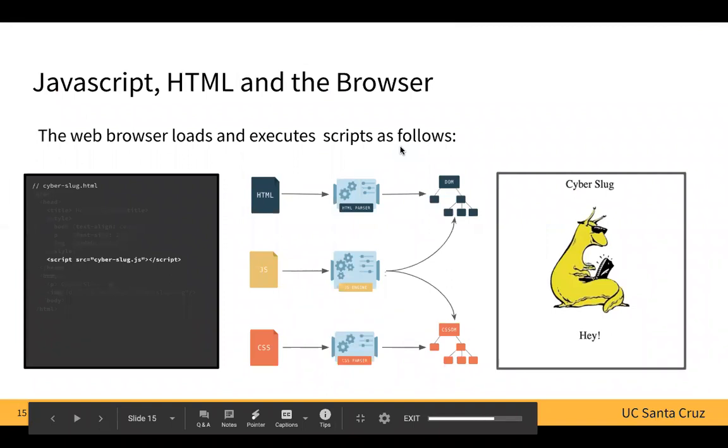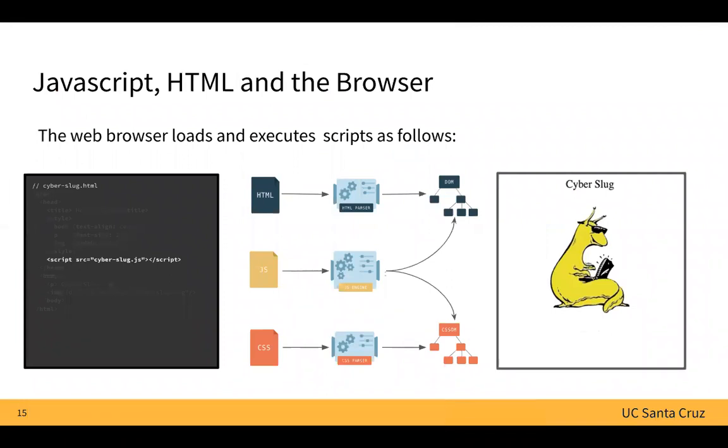So now that we talked about JavaScript, I just want to add JavaScript to this mix when you're rendering a page. The browser also parses the JavaScript file using the JS engine, or JavaScript engine. And the JavaScript engine has access to both the DOM and the CSSOM.